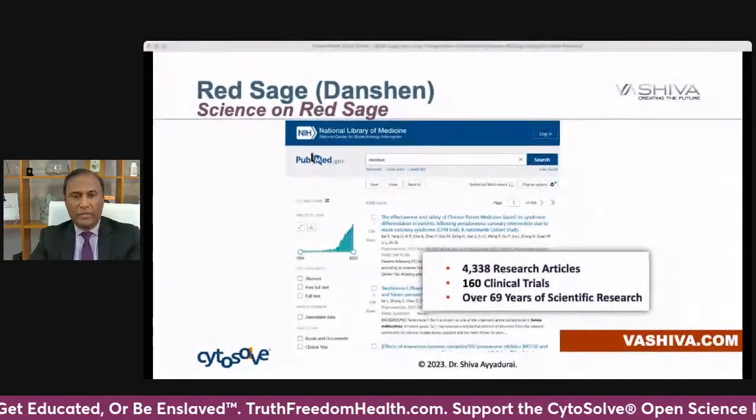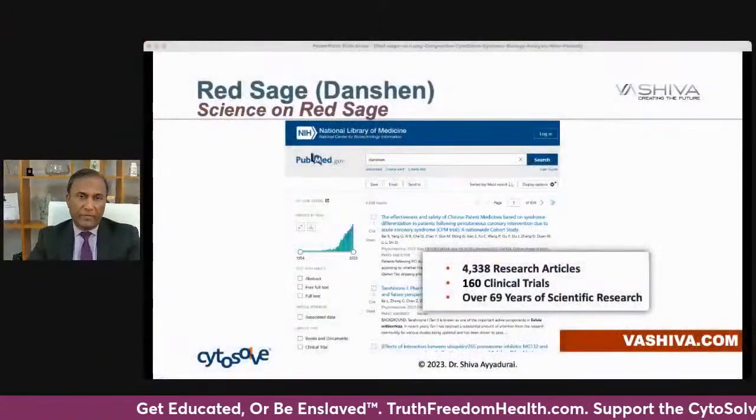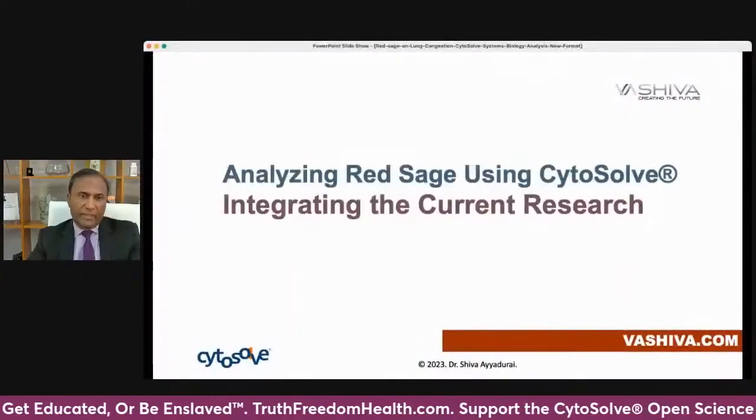And what we do with CytoSolve to really benefit all of you and humanity is we take all of that research, which no one person could do, but with our technology that's been donated for public use, we analyze all of that research relative to lung congestion. So that's the power of CytoSolve. And just briefly, how does CytoSolve do that?